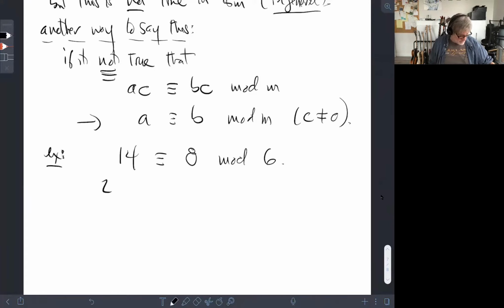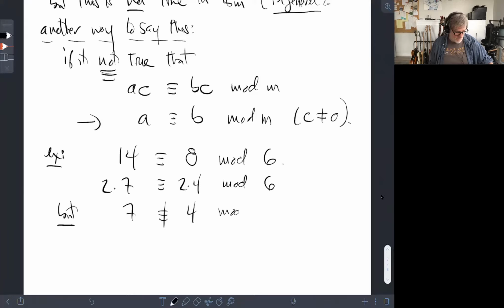So 2 times 7 is congruent to 2 times 4 mod 6, right? But 7 is not congruent to 4 mod 6. One of them is 1 mod 6, the other is 4. Okay, so we cannot cancel out 2.